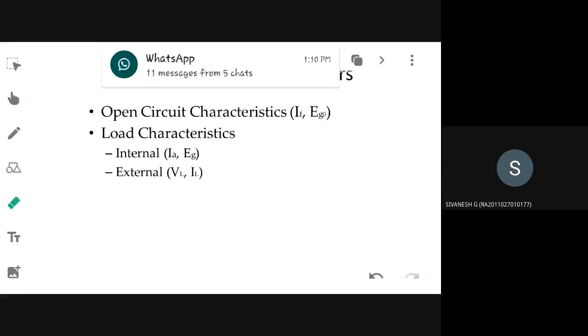Come on, how will you classify DC generators? Some answer should come from your side, or otherwise I will handpick people to give me the answer. If you are not answering, I will give punishment. Better you respond from your side without me asking.